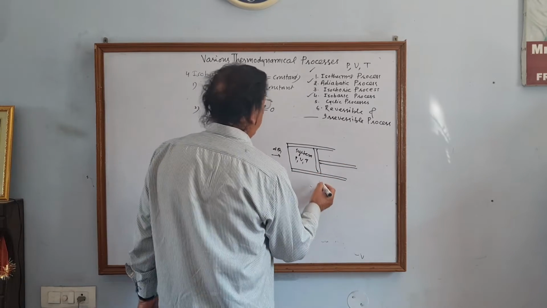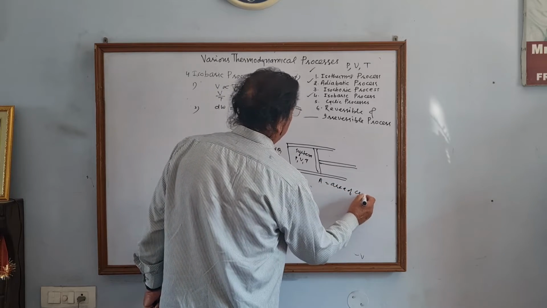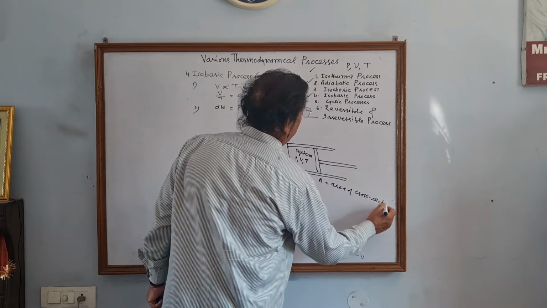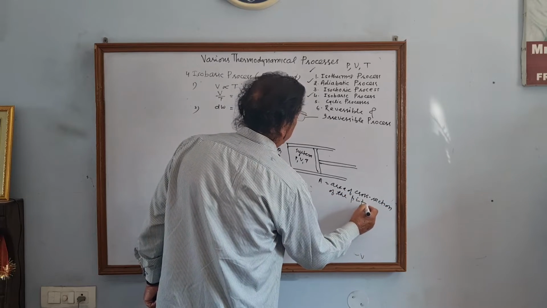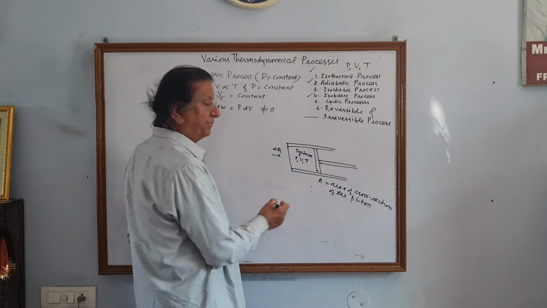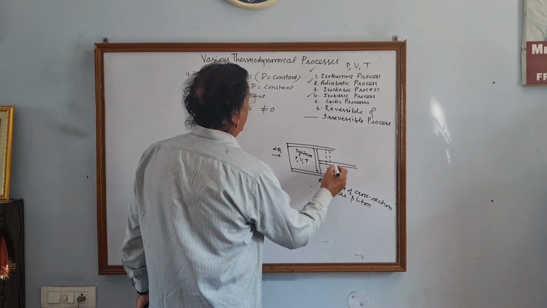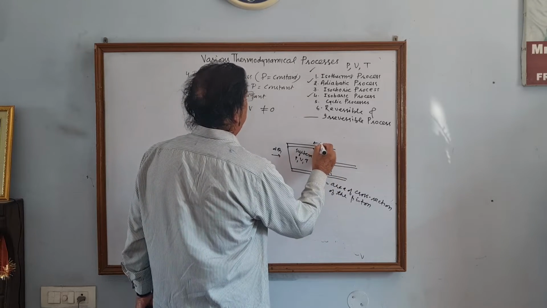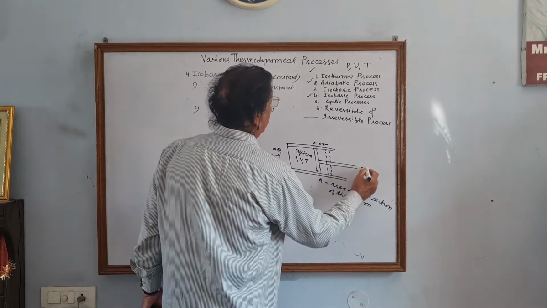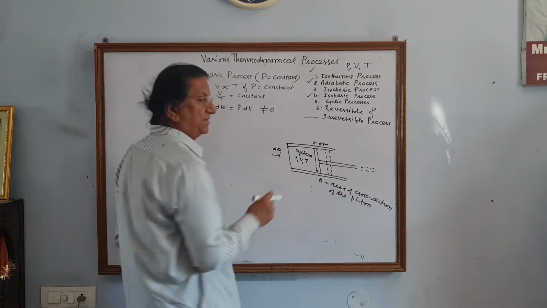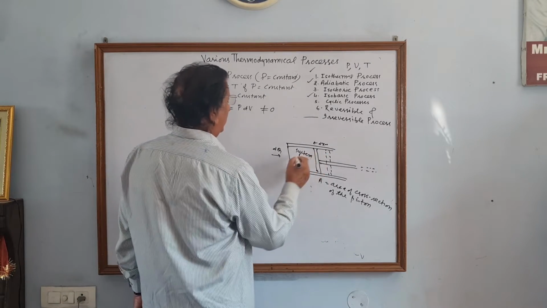Let us say A is the cross-section area of the piston. The piston goes out through some distance dx. Because of this pressure P, there is a force.